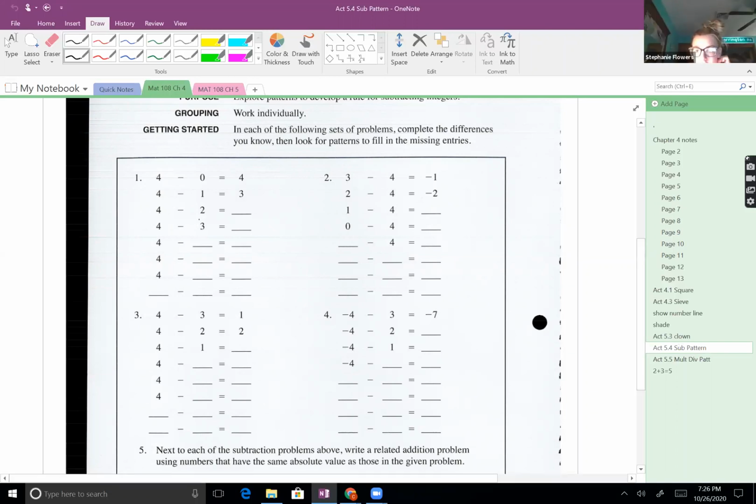My numbers on my sheet aren't matching up with your numbers. On activity 5.4? Mine are multiplications, not subtraction. Oh dear. Let me look and see what I meant for you to have. I scanned these in. So for you guys, the clown was 5.4, and the subtraction patterns is actually 5.3.